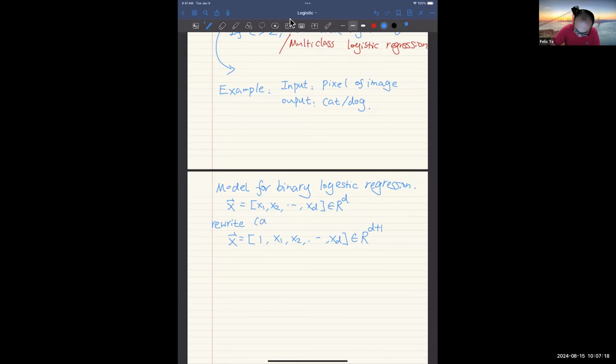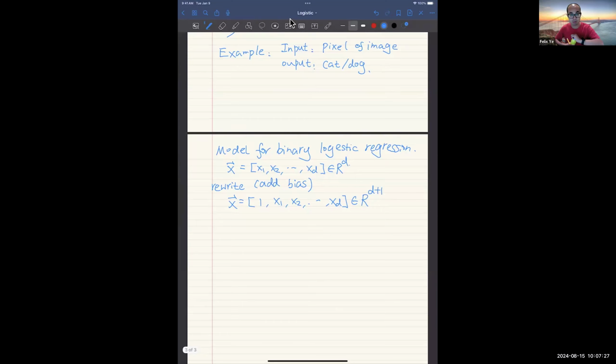So this adds the bias, like what we did in regression. Then we have a weight, very similar to regression: W0, W1, W2 to WD. I'm going to call this a column, which is also D plus 1 dimensional.